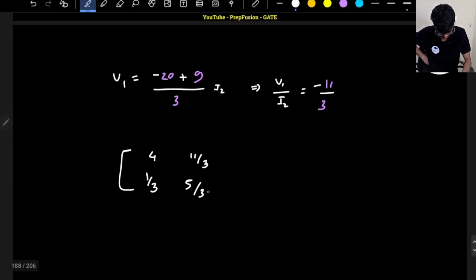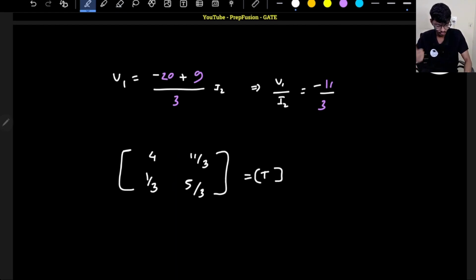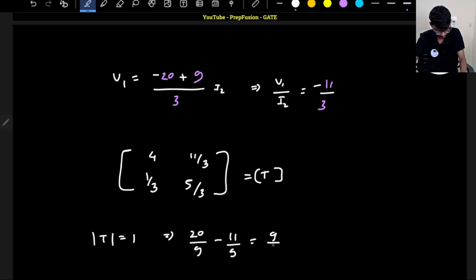You can cross verify this. You can check the condition for reciprocity. So the determinant of T must be equal to 1. So here, if I find the determinant of T, that is 20 by 9 minus 11 by 9, that is 9 by 9, that is equal to 1. So of course it is satisfying. So whatever we have calculated is correct.